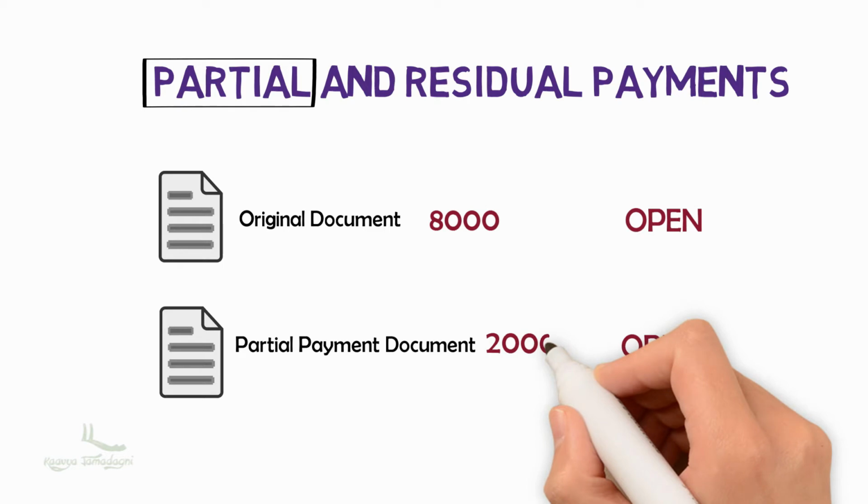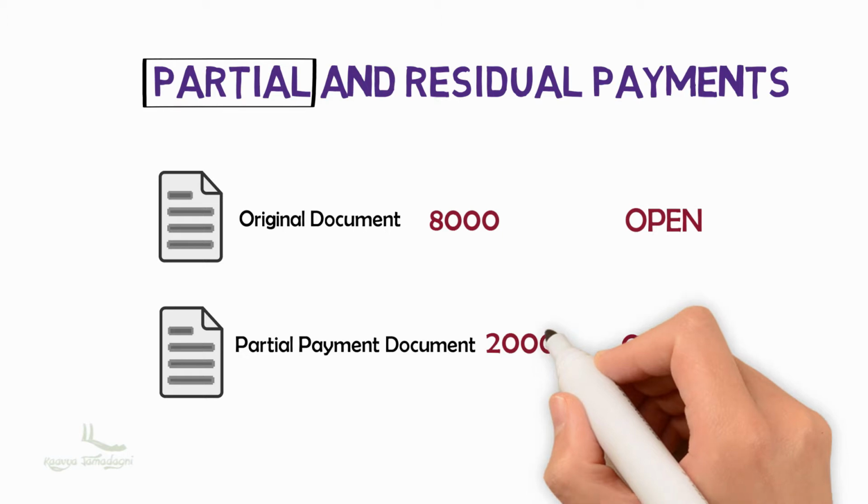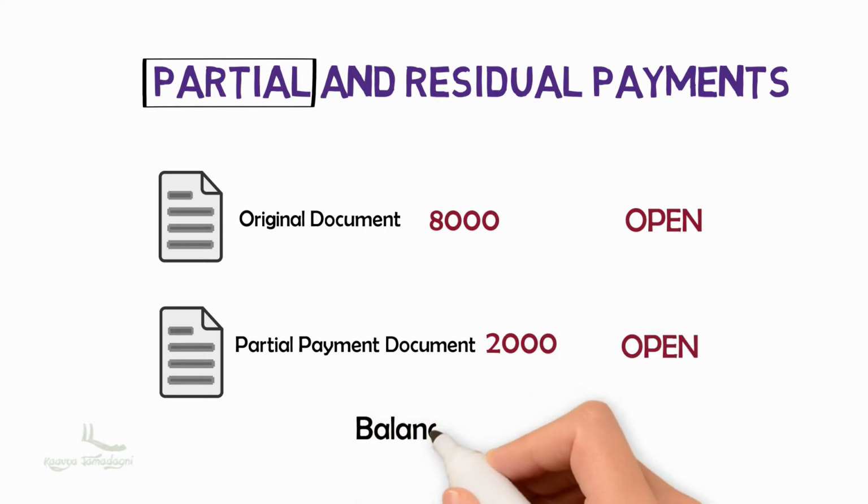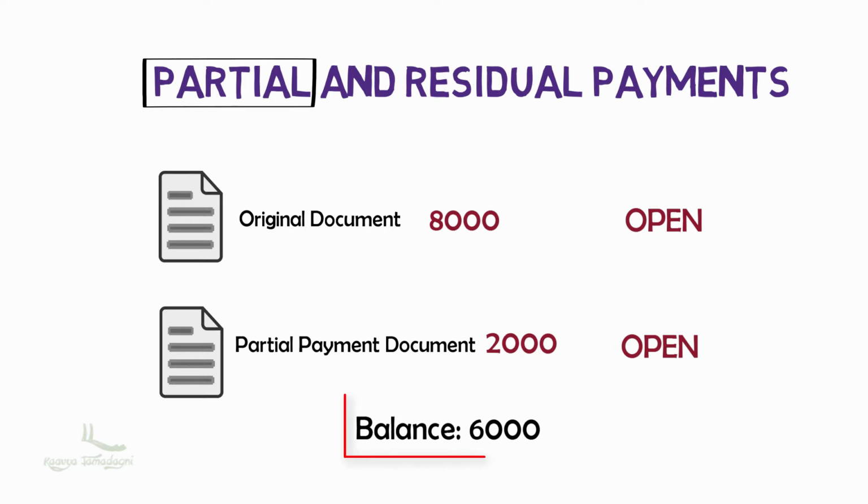After this payment, if I check my FBL3N report, the system will show 8,000 as the main item and 2,000 as another line item. Both are in open status and the balance is 6,000. All these documents will show as open until I make the remaining payment of 6,000.